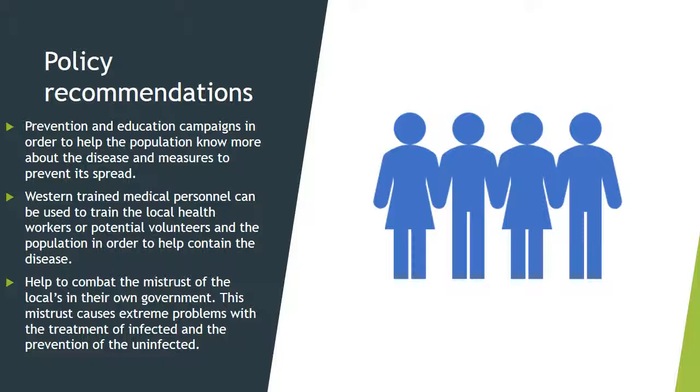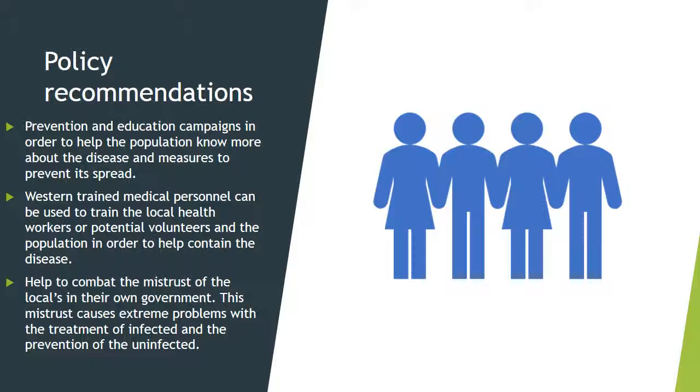So, some policy recommendations that my group and I have come up with are prevention and education campaigns, to help these populations know more about the disease and how to prevent its spread. Another policy is to have Western-trained medical personnel come and train local healthcare workers and volunteers to help contain the disease.